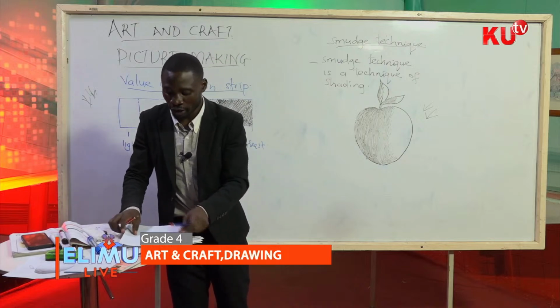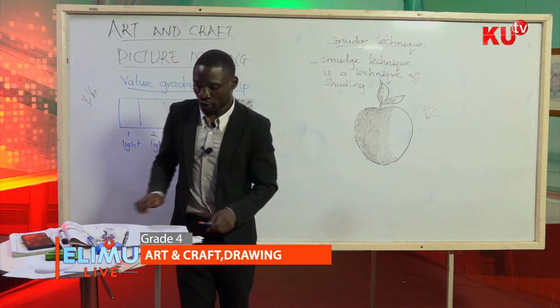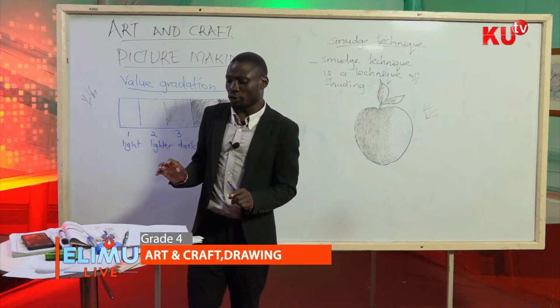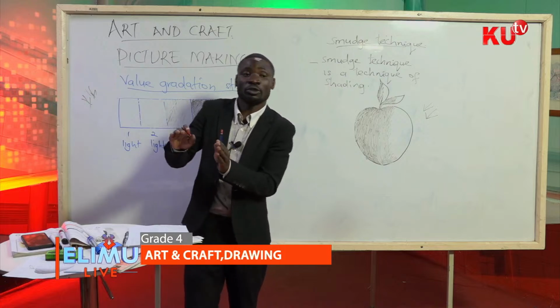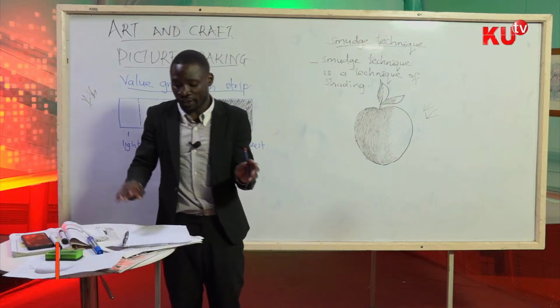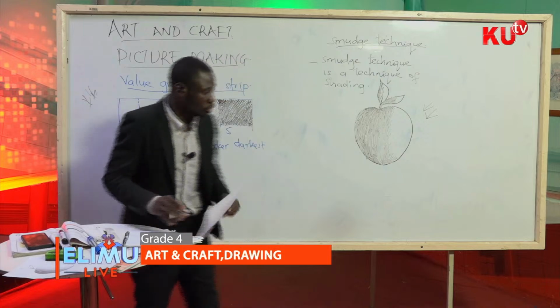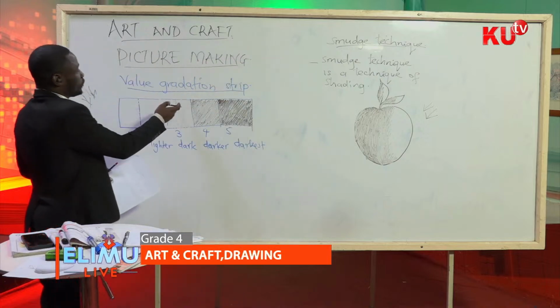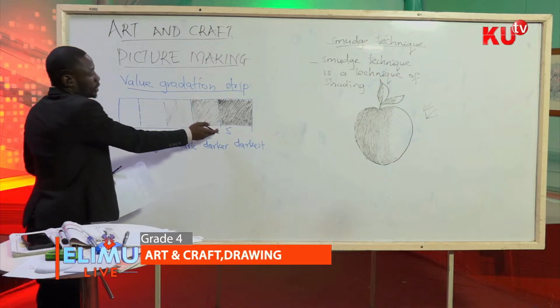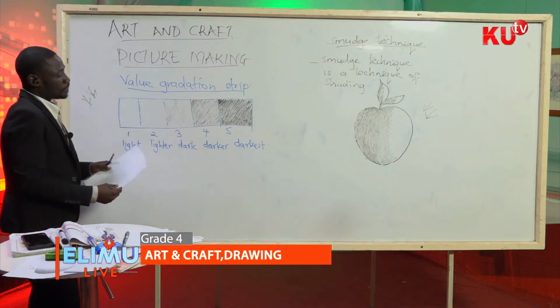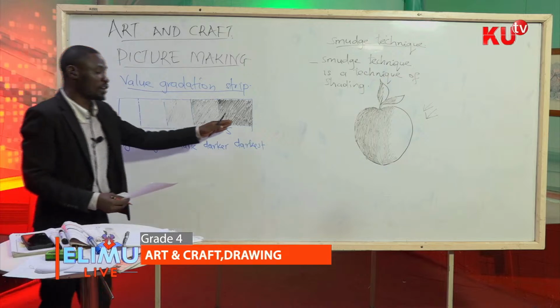Be attentive, please. I want us to start from the darkest. Always start with the darkest part, and according to our value gradation strip on the board, number 5 is the darkest.